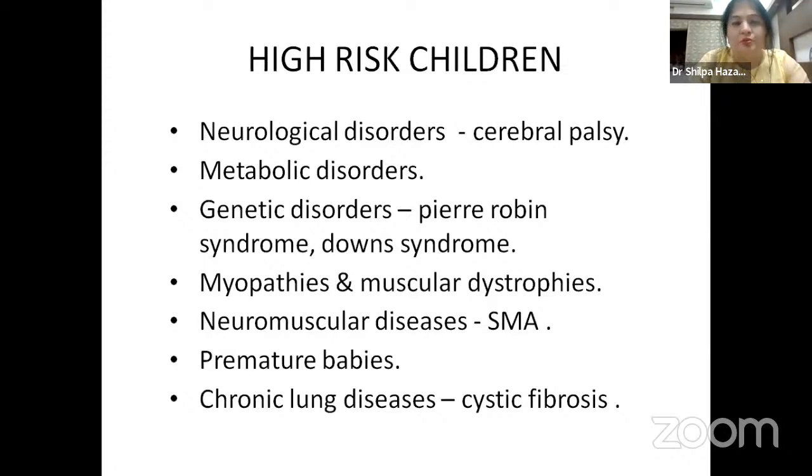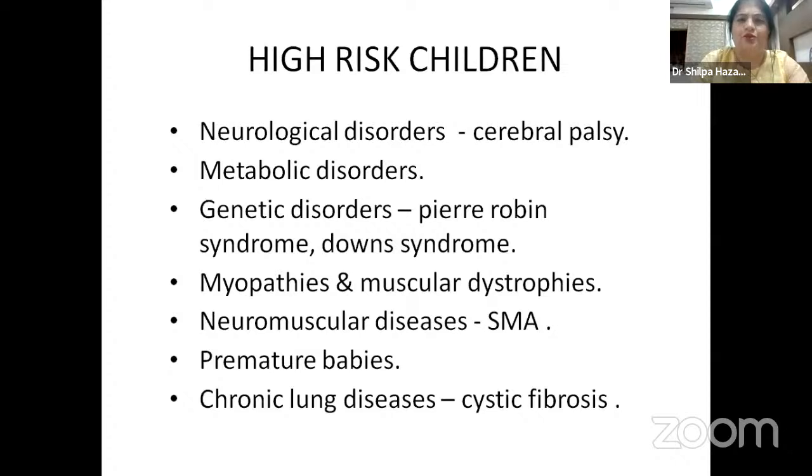In Down syndrome, they are hypotonic, so there will be hypotonia in all the smooth muscles, in the pharyngeal muscles, everywhere. So they are again at risk of aspirations. Myopathies and muscular dystrophies, then neuromuscular diseases like spinal muscular atrophy. All premature babies are at risk of aspirations, because basically everything is a problem in a premature baby.